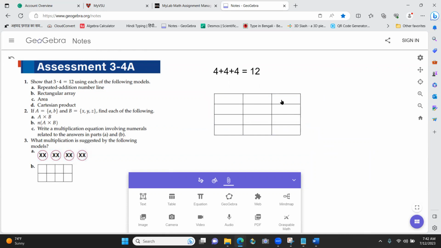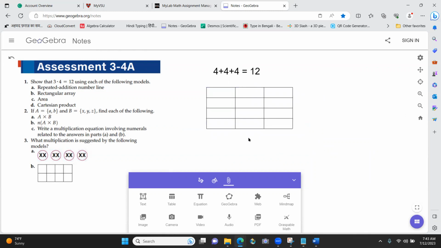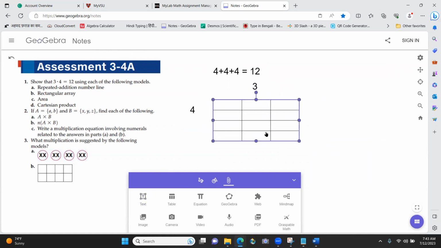Let's count. 1, 2, 3. 1, 2, 3, that's 6. 1, 2, 3, that's 9. 1, 2, 3, that's 12. So here is what they mean by a rectangular model. This model shows you that 4 times 3 is 12. This is part B.